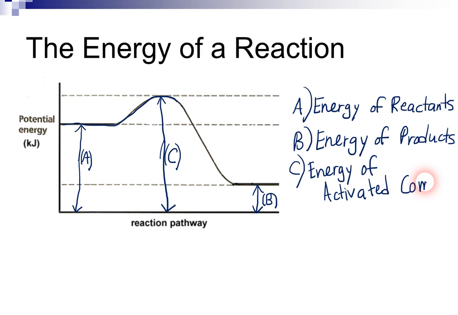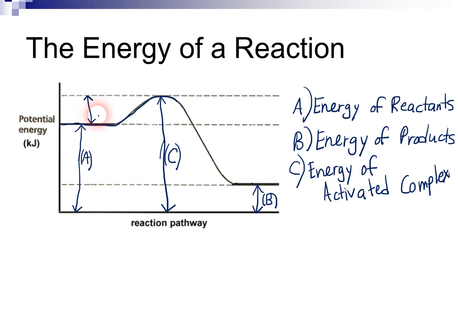As you can see, that activated complex does not last very long. It only exists for that very brief point right up here at the peak. Not very long at all, whereas the reactants exist for a pretty long time, and the products last for a long time as well. Now, we have another amount on here. It's the distance from the starting point up to the peak.